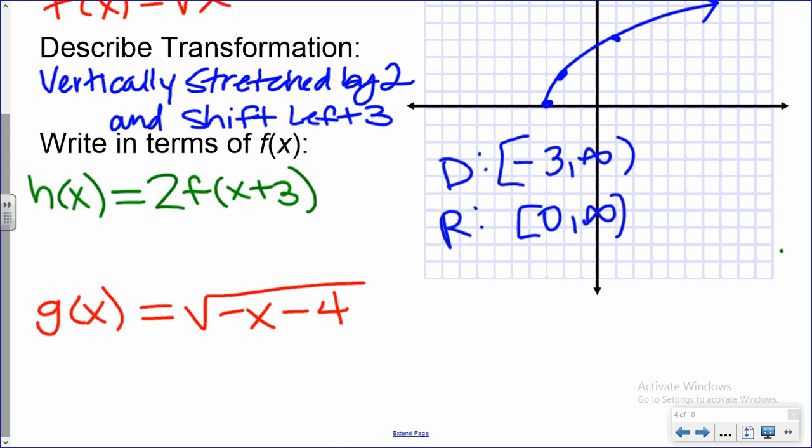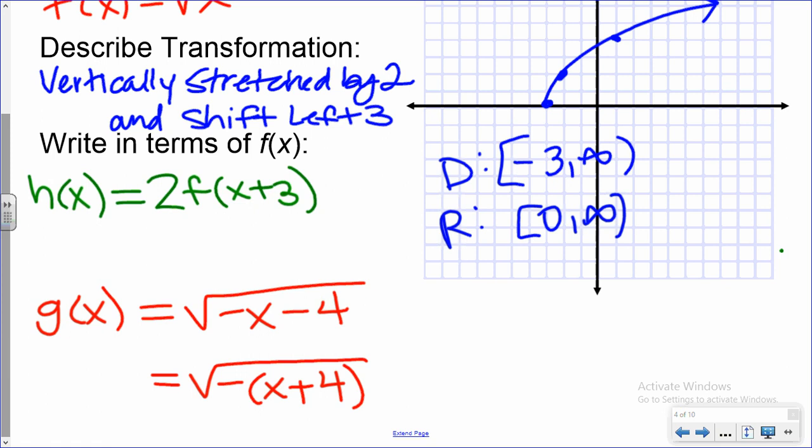Remember, I told you shifts have to happen last, and reflections need to be applied first. If there is any sort of coefficient with that x, it has to be factored out because it does affect the shift.